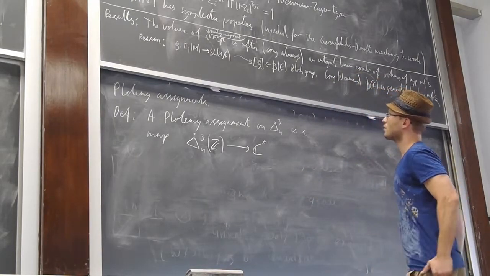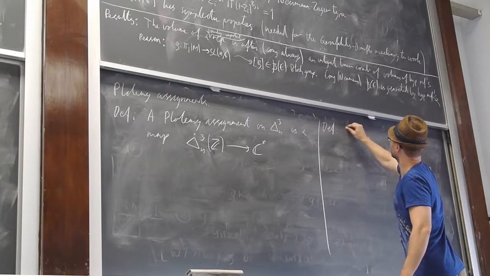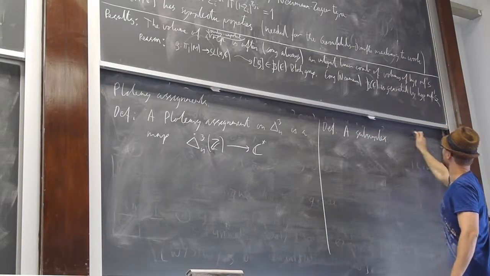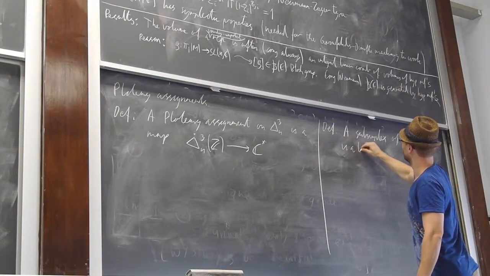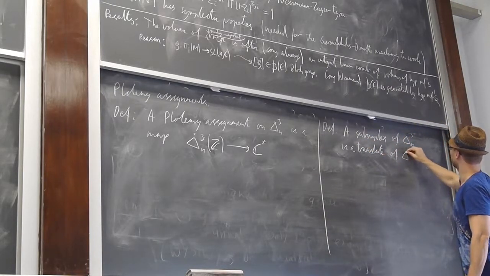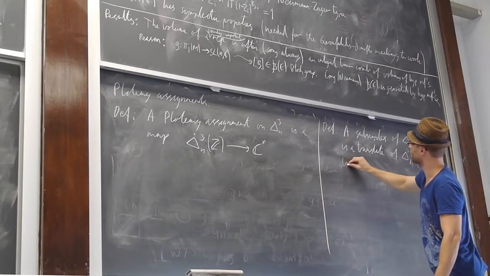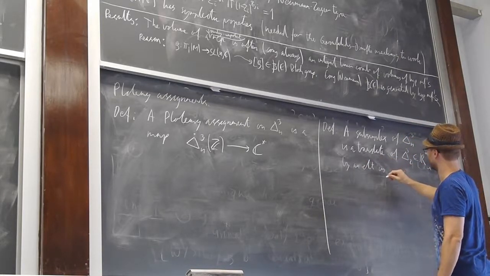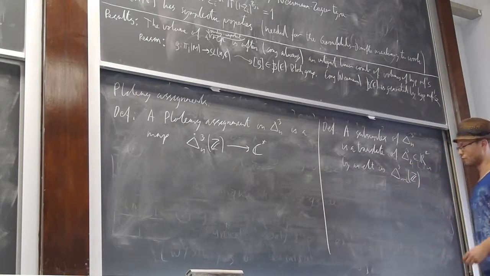Okay. We also need another definition. A subsimplex of Delta_n free is a translate of Delta_2 free with the size in R^4 by an element in, so this is maybe a little hard to swallow.